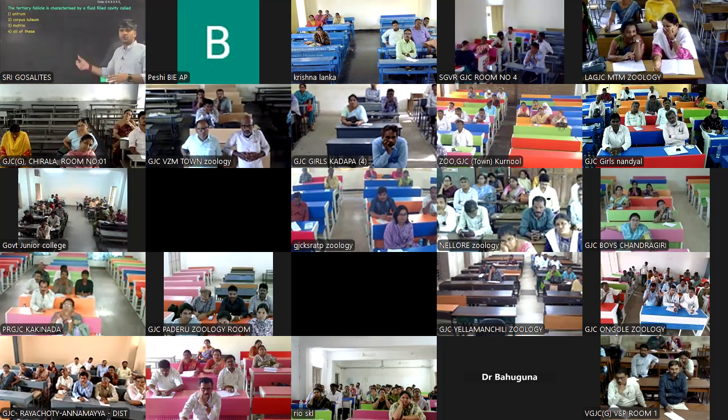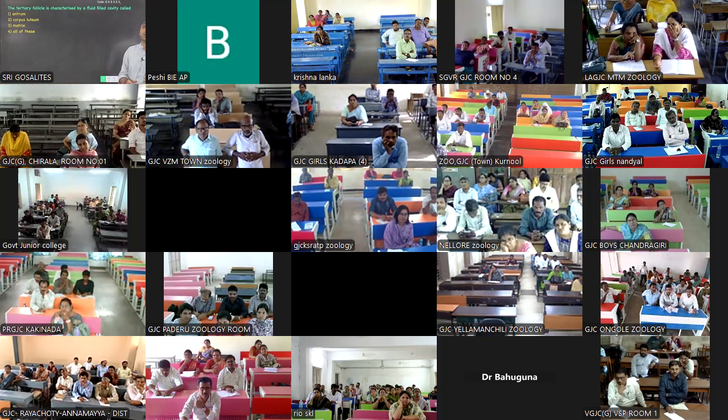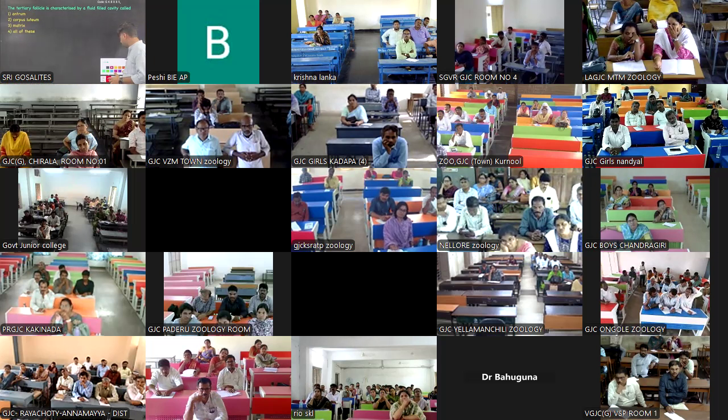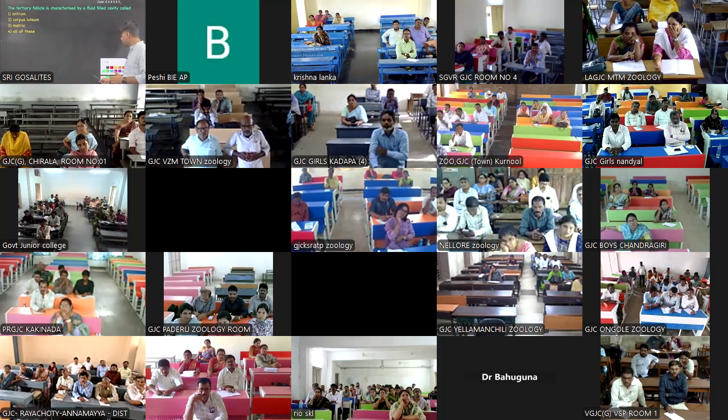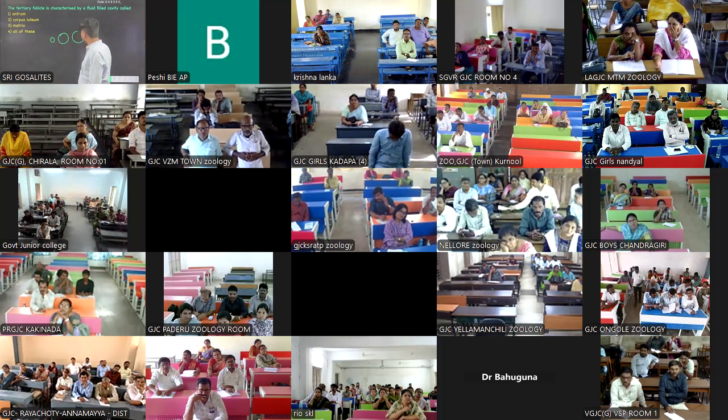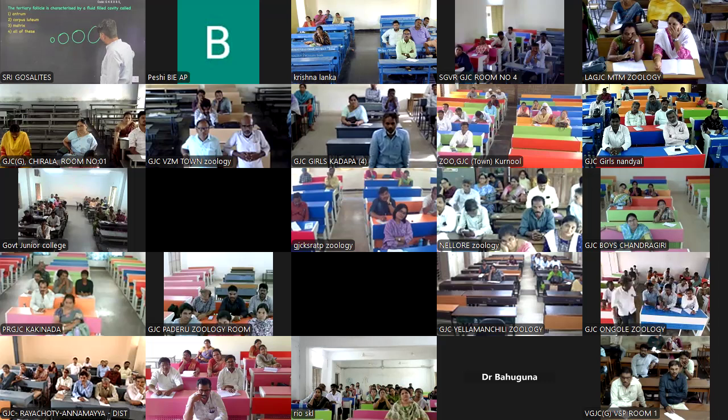For this question, we need to know folliculogenesis. What is folliculogenesis? Follicular development in the ovary, which is exactly related to the menstrual cycle. Here, the primordial follicle is there, then primary follicle, then secondary follicle, then tertiary follicle, and then mature Graafian follicle.